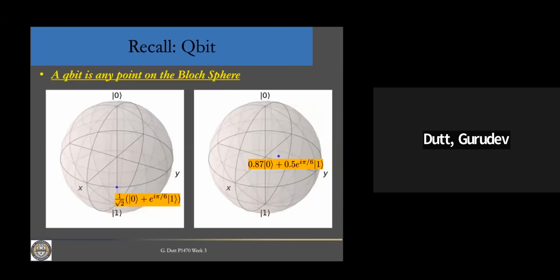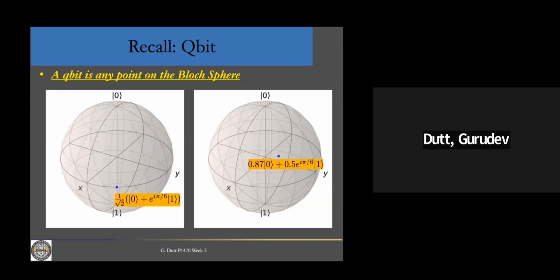And we said that a qubit state is any point on the Bloch sphere. So you can have a qubit at this point over here, and that corresponds to this particular superposition. You can have some more general superposition, which is not entirely on the equator, but could be anywhere on the Bloch sphere.